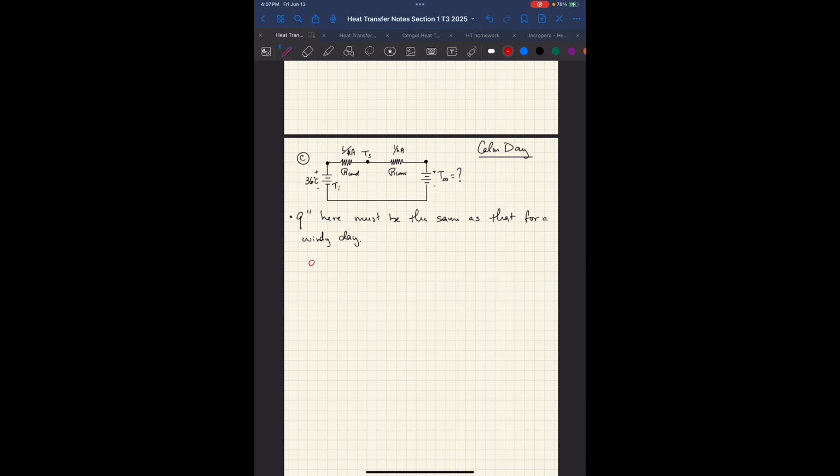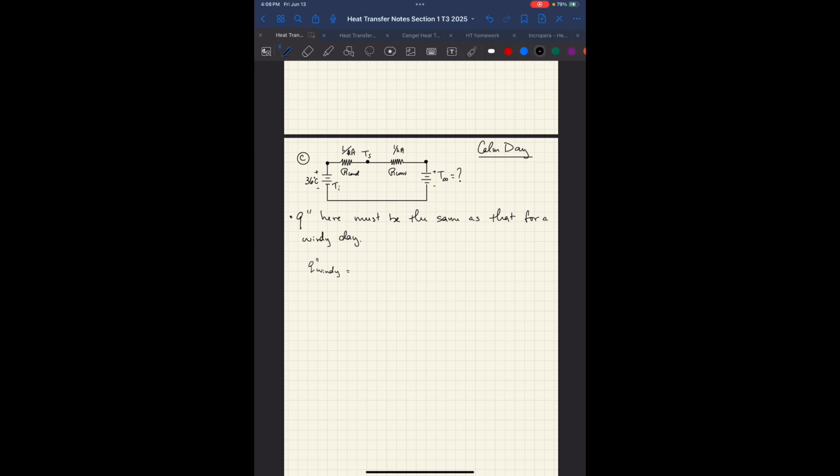So basically here I need Q double prime windy, and I'm going to do this in such a way that I make my life as easy as possible. I know this, and I know these two resistances.